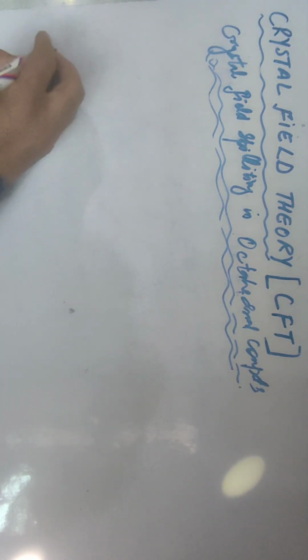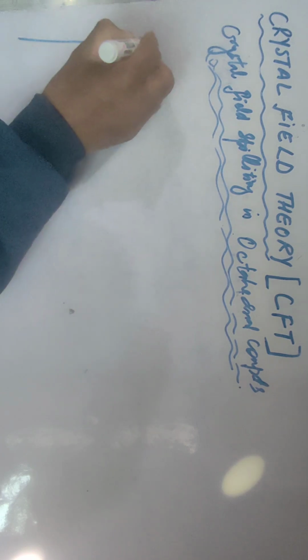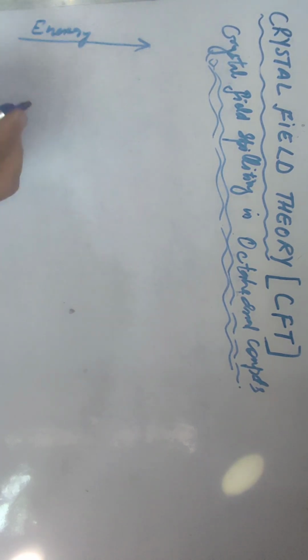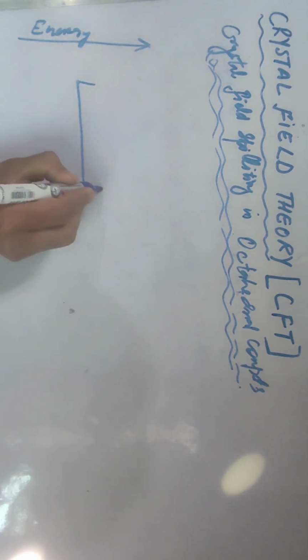As per the order of energy, increasing order of the energy, what actually happens if you have a d orbital?